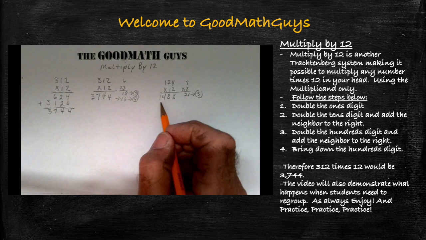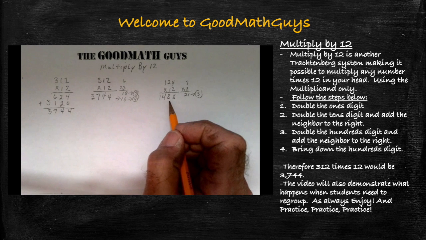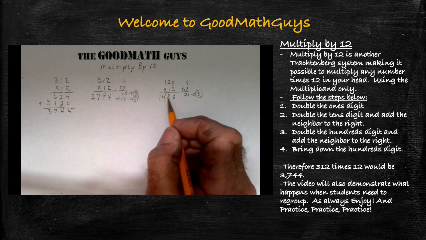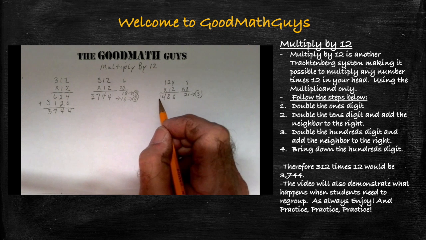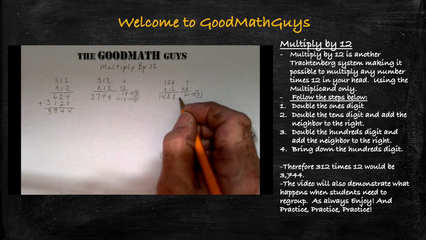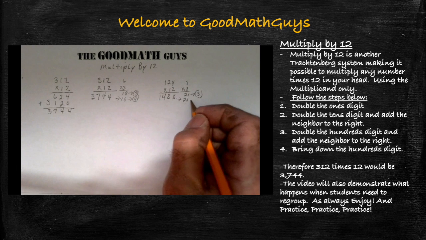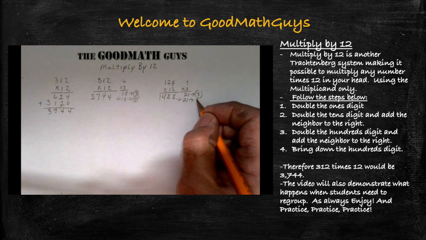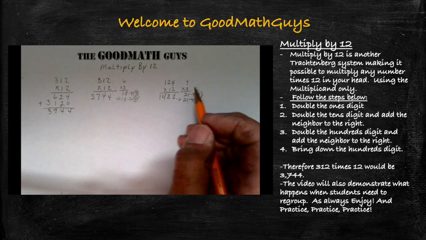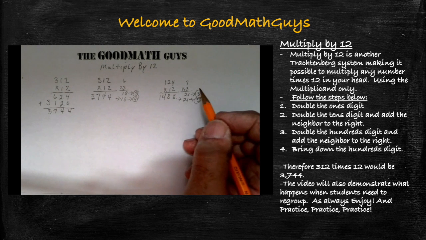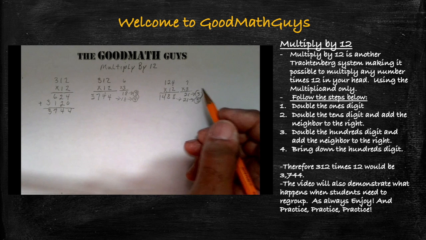I get a 3 for a digit root for 1,488. We can consider we haven't made any mistakes. So double 8, 16, plus 4, 20, plus 1 is 21. 2 plus 1 is 3. Our digit roots match, therefore we can consider that 124 times 12 indeed is 1,488.